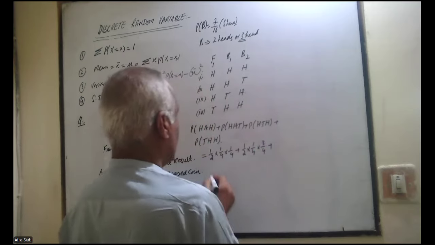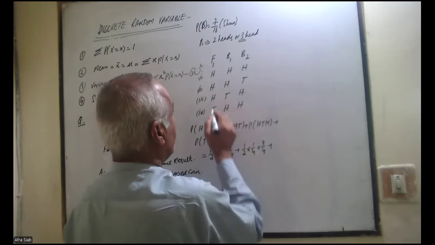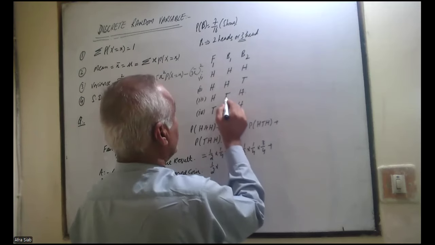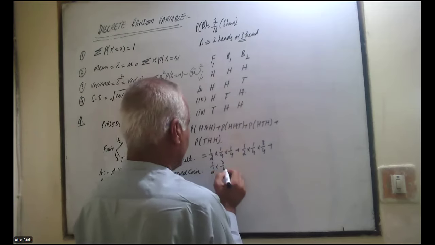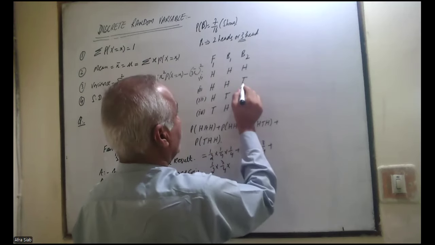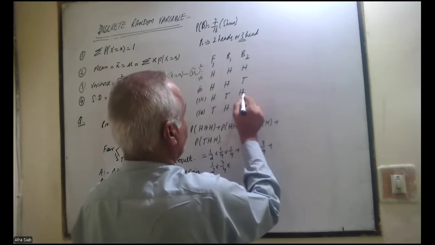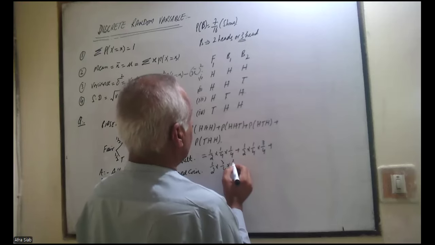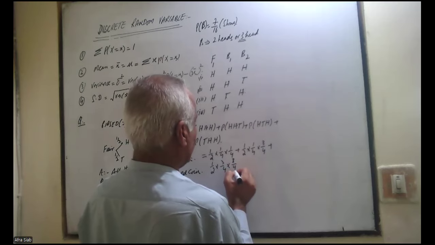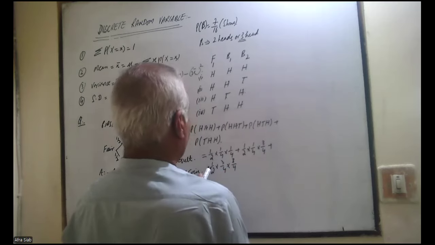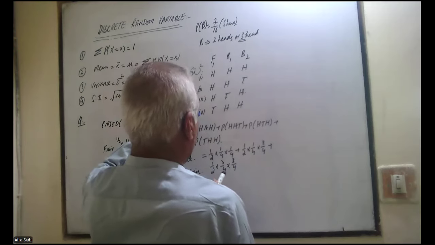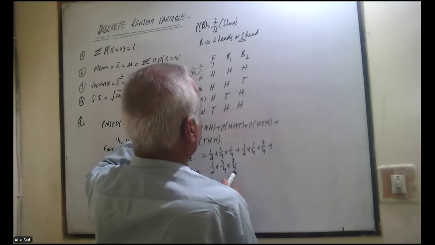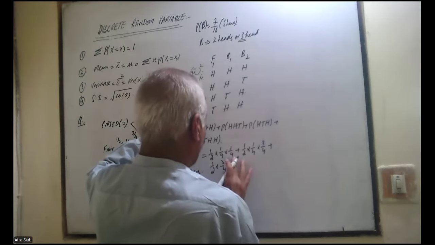Plus head is on the fair, that is 1 by 2, tail is on the biased, that is 3 by 4, into head on the biased, that is 1 by 4.